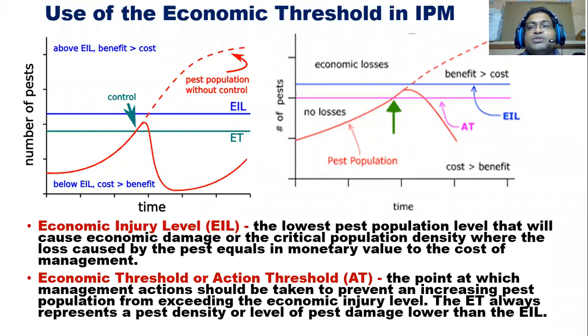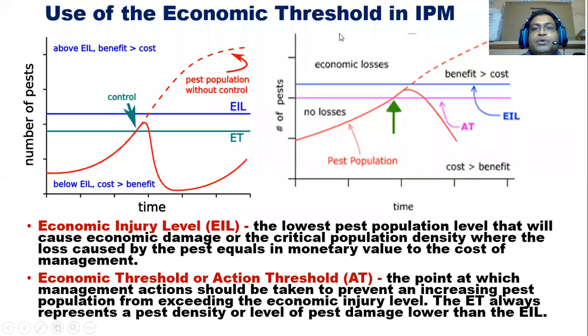That is going to be decided by the economic threshold level and the economic injury level. There are two terms, right? So the first graph shows the economic threshold level.